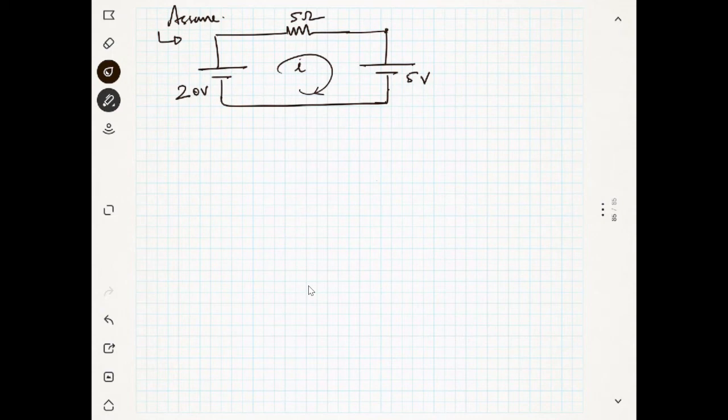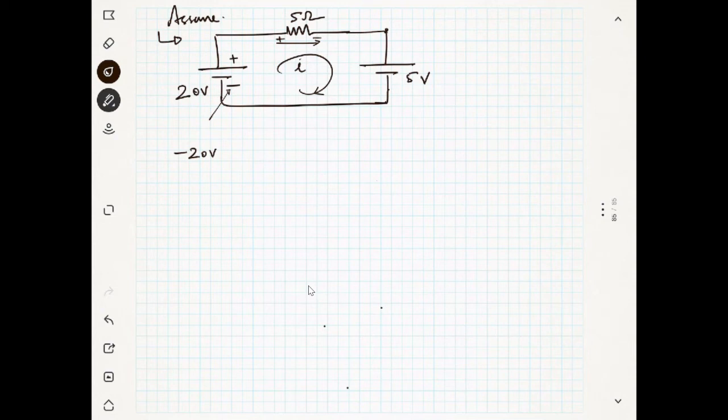Don't forget. Now we will see, this is minus, this is plus, so I start from here, minus 20 volt. And I have a current like this, so this is plus and this is minus. I assume like this, and if I get a positive answer, that means my assumption is correct. Otherwise my assumption is wrong, and I have to take the direction of the current in the opposite way.